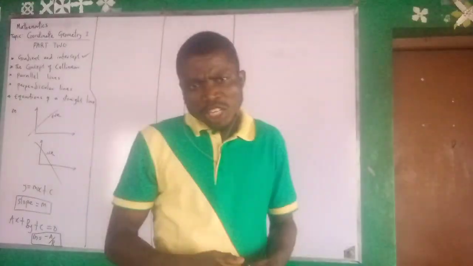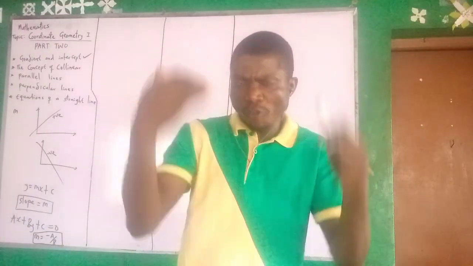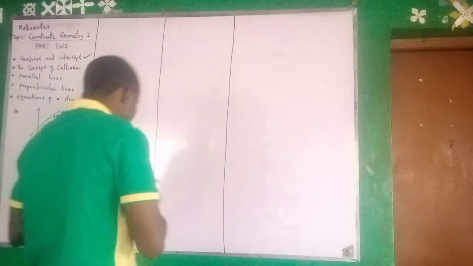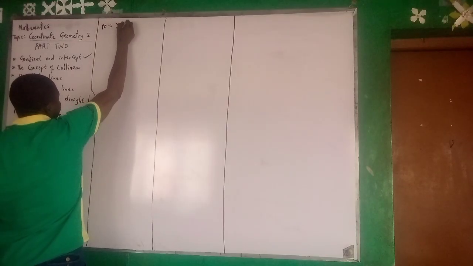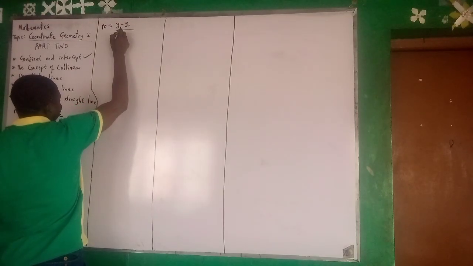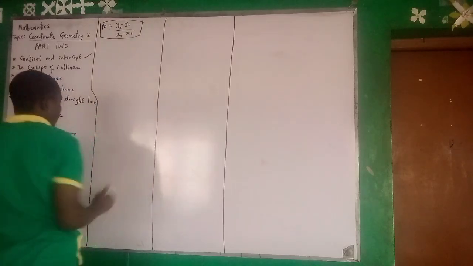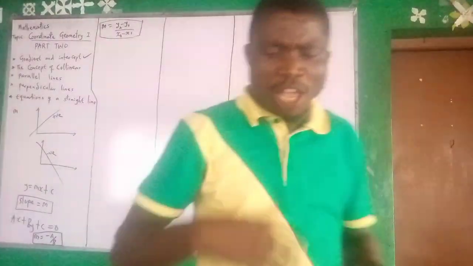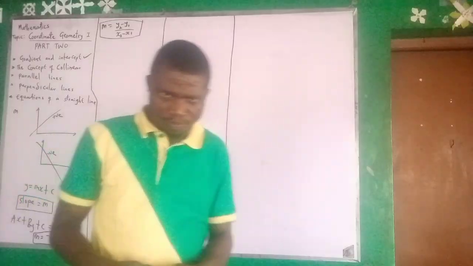Now sometimes two coordinates or 2 points will be given to you and they ask you to find the slope. In that case, the formula to use is m = (y2 - y1) / (x2 - x1). Sometimes an angle of inclination will be given to you and you are asked to find the slope.